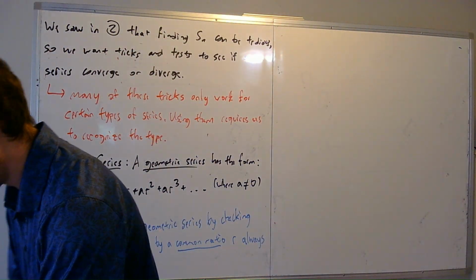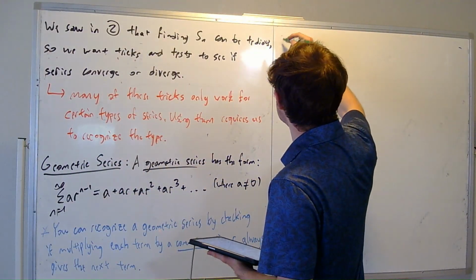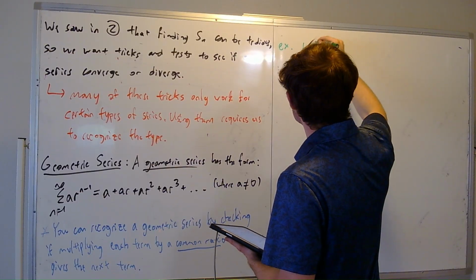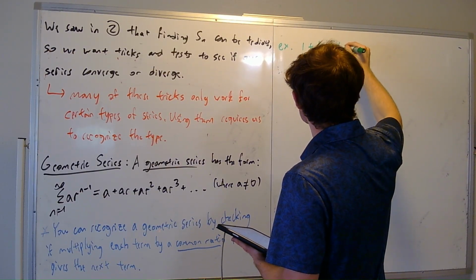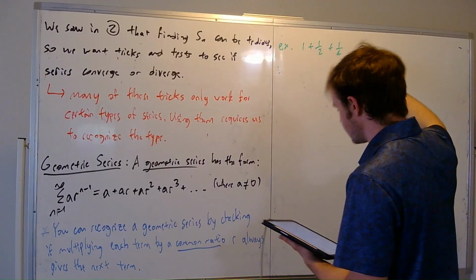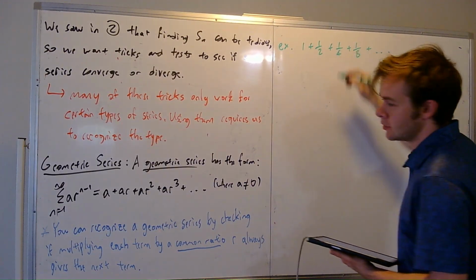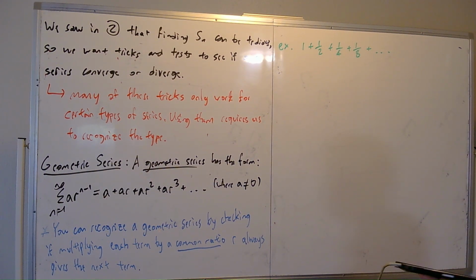Alright, so if we have an example here, if we have 1 plus 1/2 plus 1/4 plus 1/8 and so on, right? So we're just given this sum and we're trying to figure out how to write this as a geometric series.